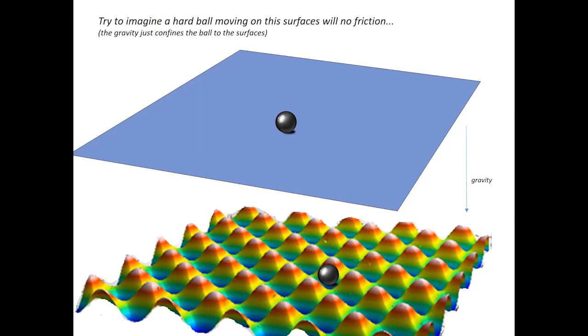Just to have some classical imagination again, you have a simple toy model here: you put a plane surface, and gravity's role is just passive, only to confine the ball to the surface.